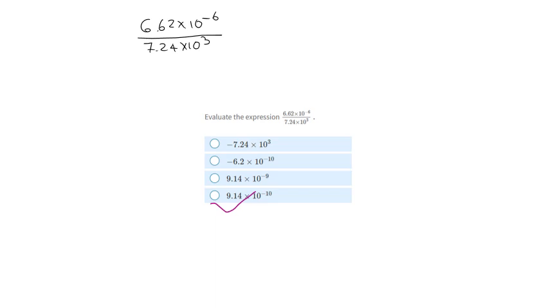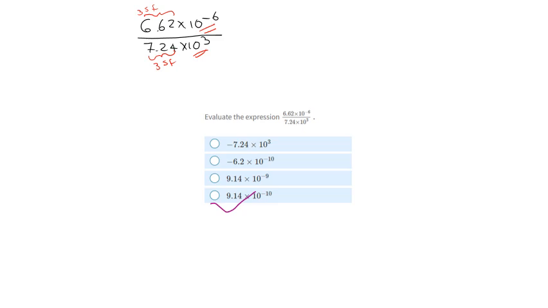So here, how many sig figs are there? 6.62 means I have 3 sig fig, and 7.24 means I have 3 sig fig. We will not go with the exponent, so we don't have to worry about it, okay? So in my answer, I should have 3 sig fig. So here we have the multiple choice. It's a multiple choice, so we have the answer choices here.